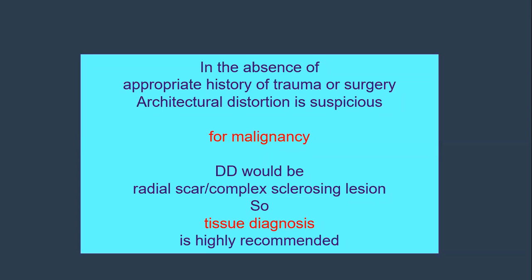In that case, because we have a history of previous biopsy, we give the patient close follow-up or close surveillance. But if no trauma, no surgery, you confirm the abnormal findings in the mammography representing architectural distortion, you have to report it as BI-RADS 4, to do a tissue biopsy and to exclude malignancy.